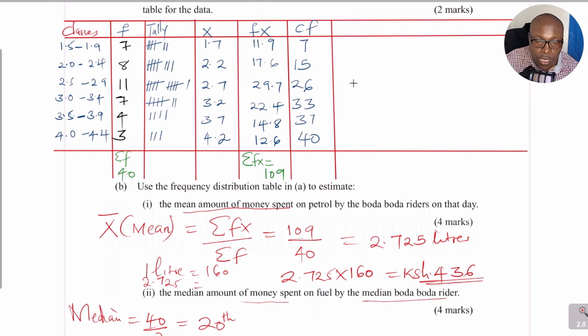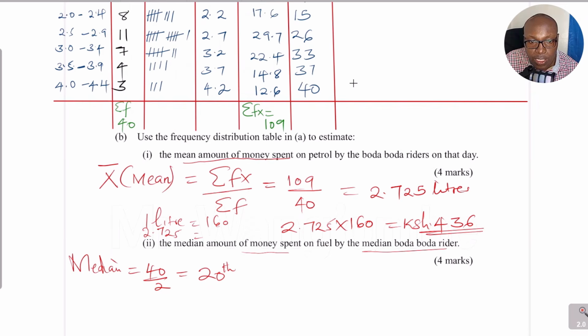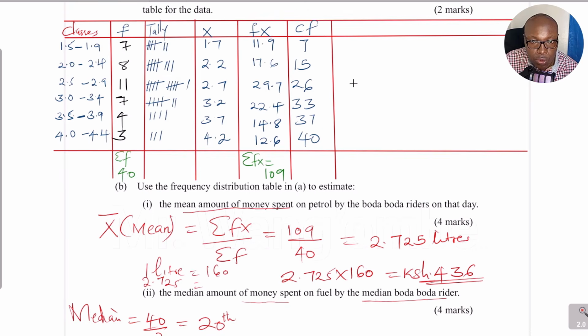So where do we have the median boda rider? That is the 20th. The 20th boda rider is the one that is going to give us the median petrol. So where is that? The median will be located here. 20th boda rider will be here. So this is the class.